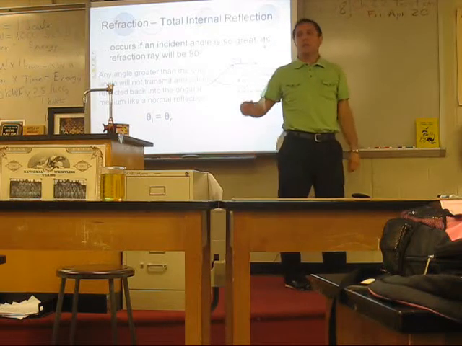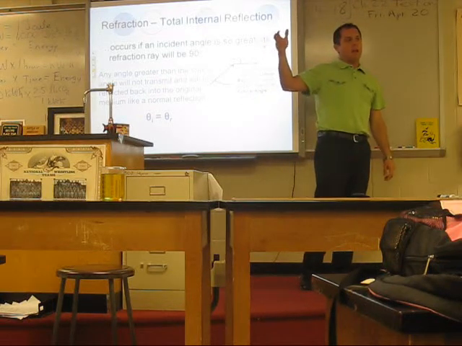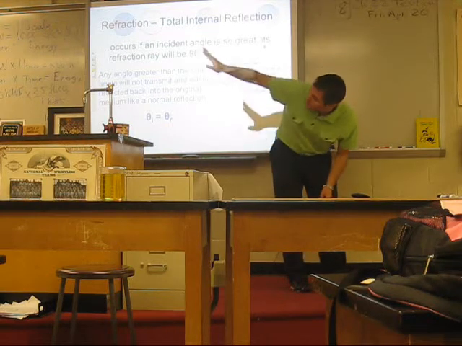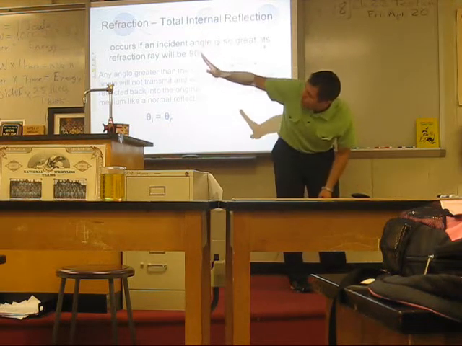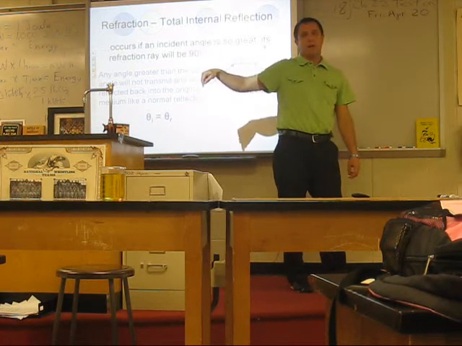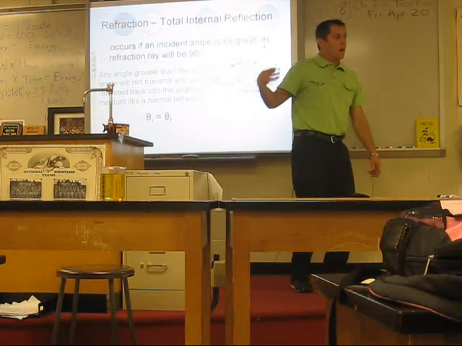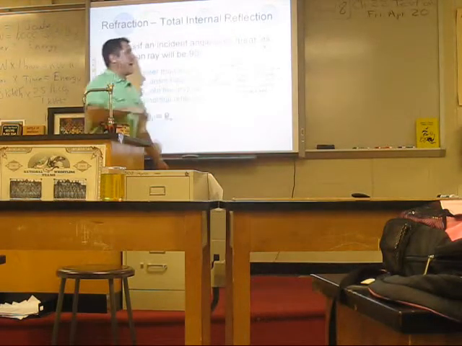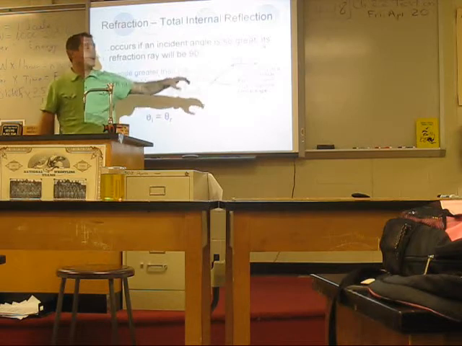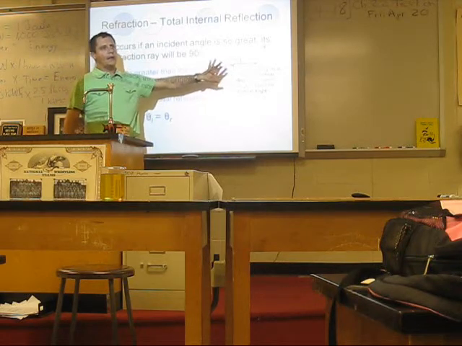You can even do this if you stand next to an aquarium, a fish tank. If you look into a fish tank and look up at the water, there's going to be a certain angle where all of a sudden you'll just see reflection back into the aquarium. That's what happens when you look past the critical angle. The critical angle of water is about 48 degrees.